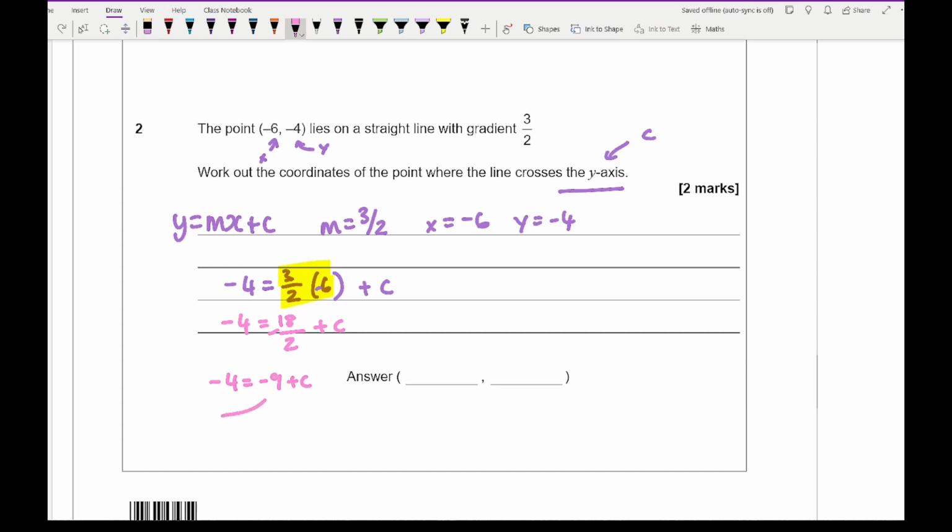So if I take the 9 over to this side, I end up with positive 5 equals c. So that's going to give me a coordinate of (0, 5).